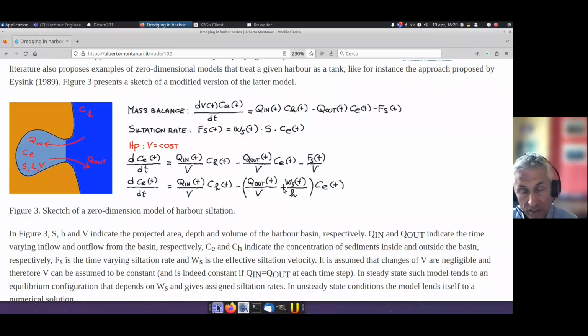So it is expressing the mass of sediments that settle down per unit time.